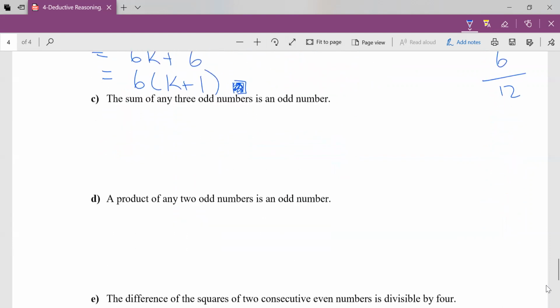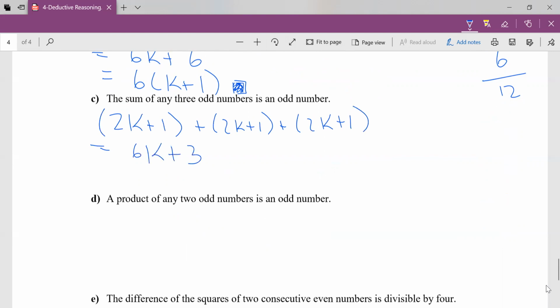Ooh, a few more. The sum of any 3 odd numbers is an odd number. So remember, an odd number we could call 2k plus 1. I got 3 of them. It doesn't tell me anything about them. So I'm just going to add 3 odd numbers together. What do I get? 6k plus 3.